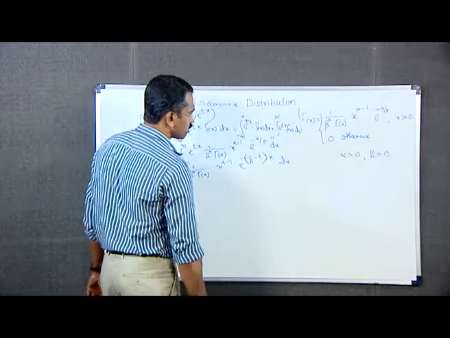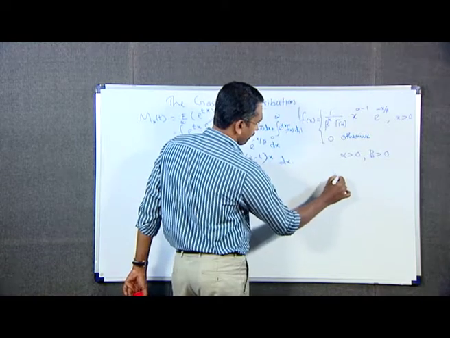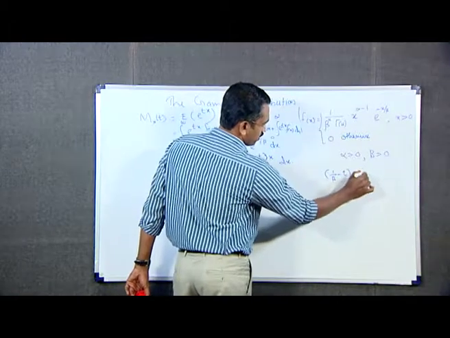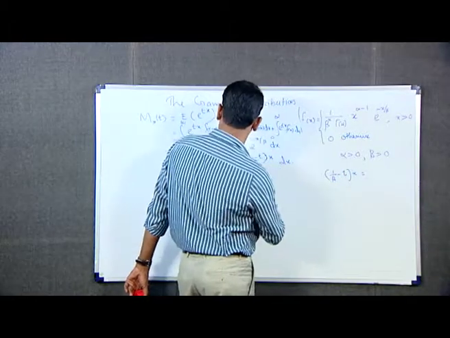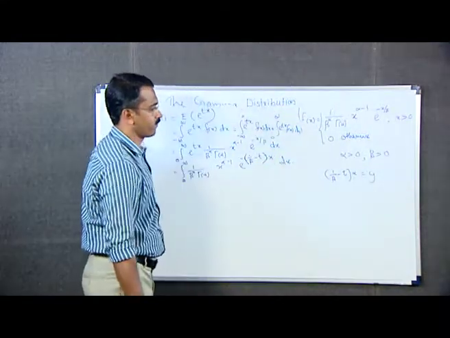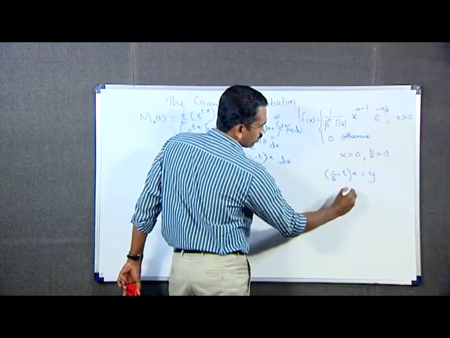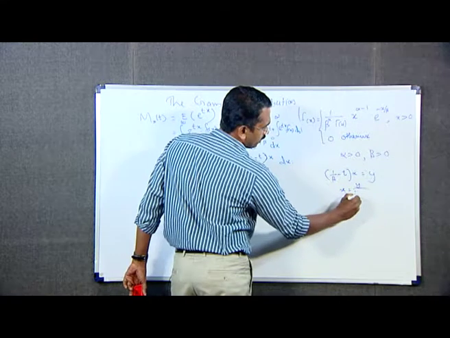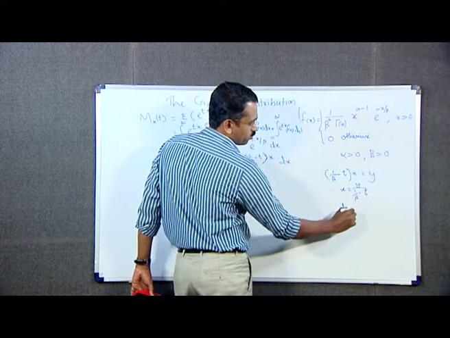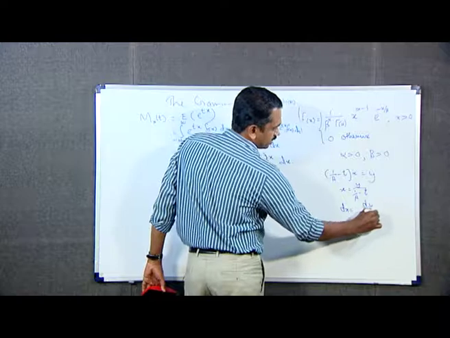Now, we use this substitution: 1 by beta minus t into x is equal to some y, so that x is equal to y divided by 1 by beta minus t, and dx is equal to dy divided by 1 by beta minus t.